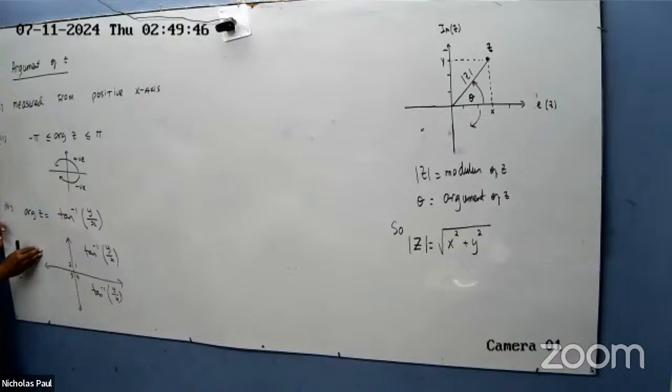In the second quadrant, we have to change the formula a little bit. We have to take pi and minus that tan inverse value. Sorry, this one is add. Add pi to it. Anybody remember if tan is positive or negative in the second quadrant? So it's negative.